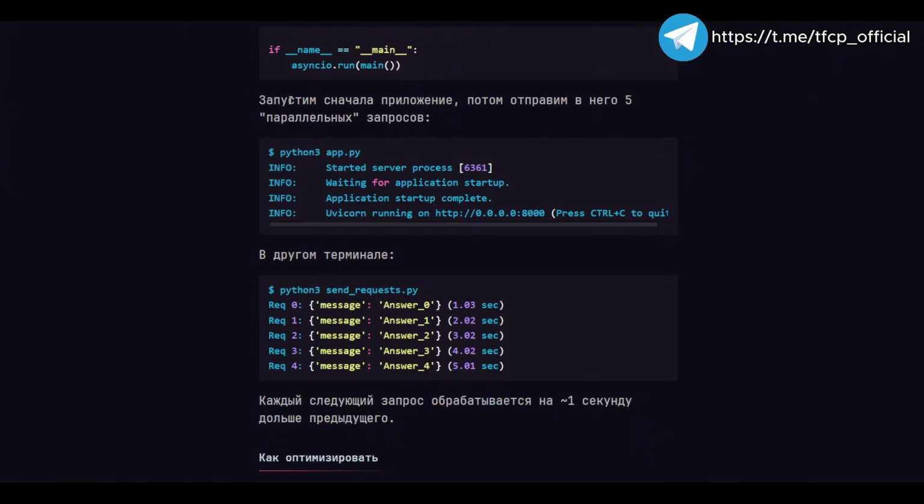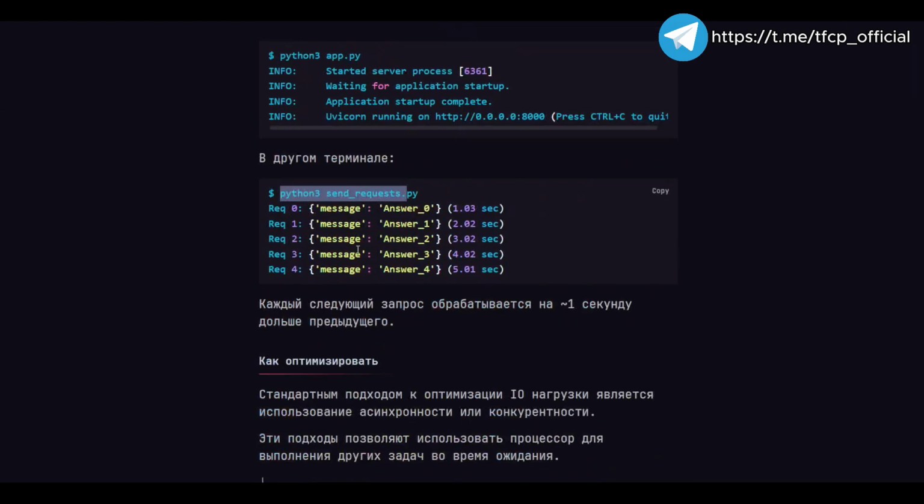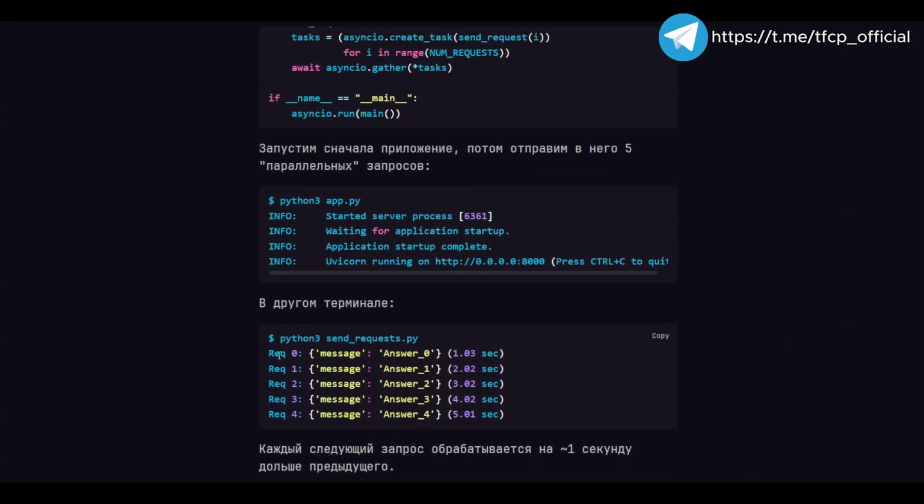That's it. If we initially run our application and then the script for sending requests, we can see that our first request was successfully sent, received a response, and it was completed in approximately 1 second. Then the second request, which was sent at the same time, will take approximately 2 seconds to complete in total.